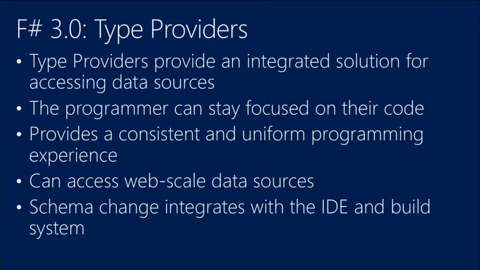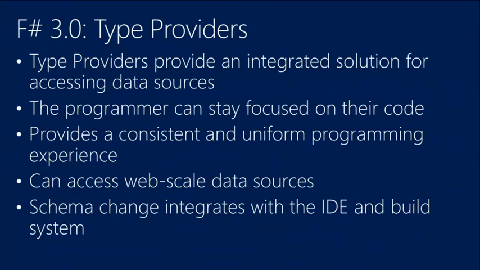The fourth one down here is a biggie. It's kind of fourth on the list, but it's really a big thing: being able to access web-scale data sources. Today, some of the schemas for these web data sources are completely inconvenient to generate source code for.